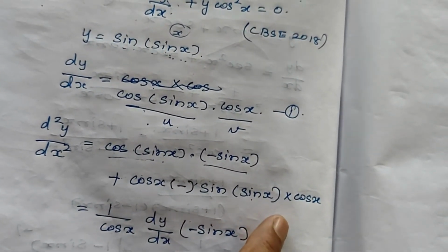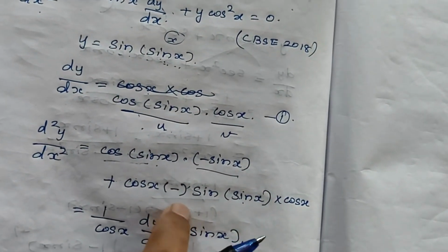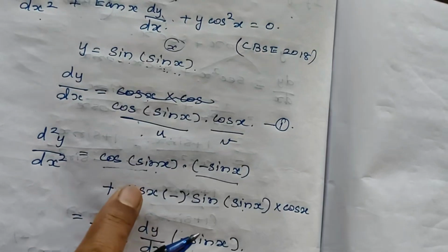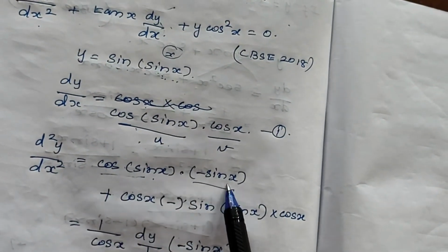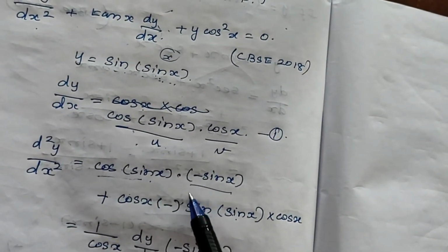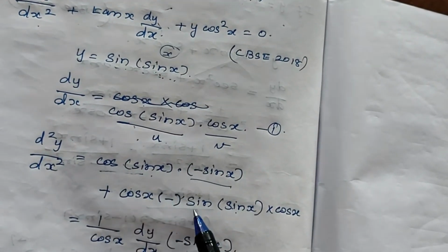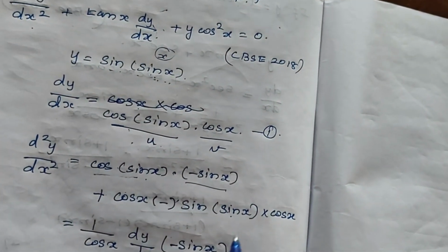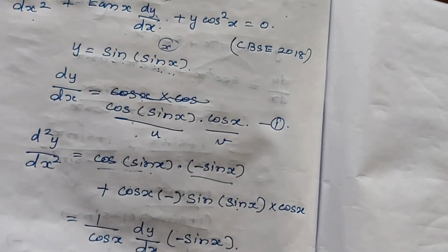Then here minus sin x, then cos of sin x, cos x we have to keep like this, and cos it is minus sin of sin x into cos x. Therefore here minus cos square x into sin of sin x.